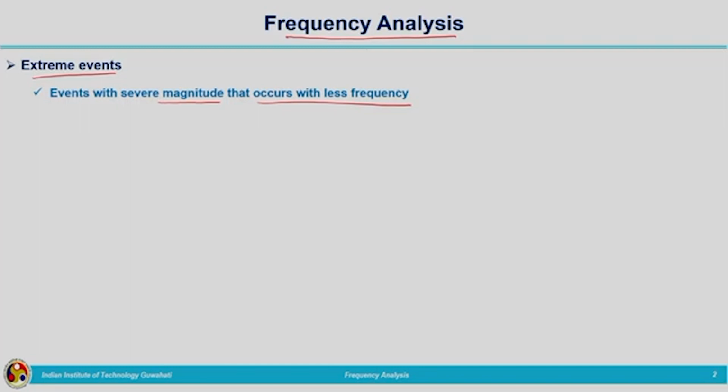Sometimes we have excess rainfall, sometimes scarcity of rainfall. These two situations lead to two different extreme events, floods and droughts.